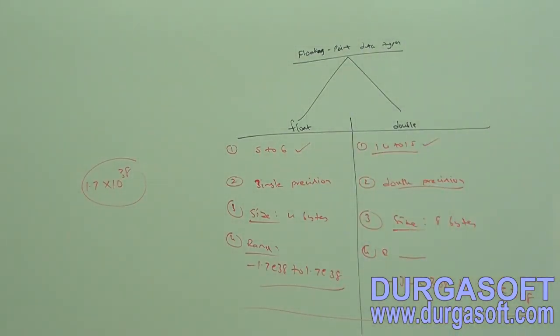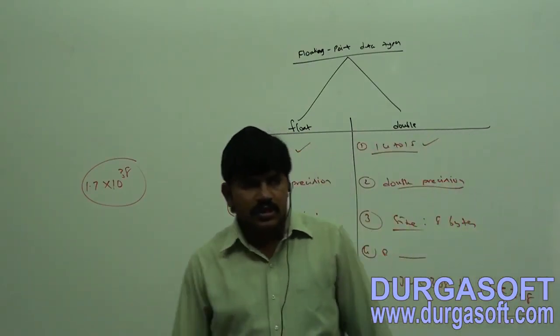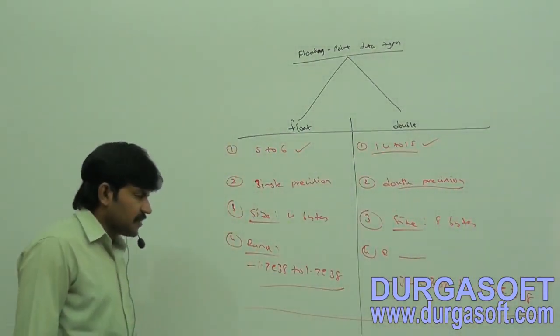Second, float follows single precision. Double follows double precision.